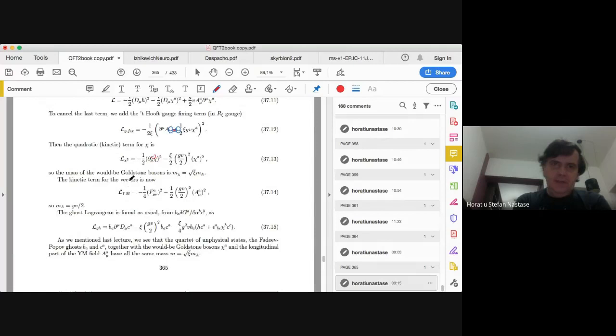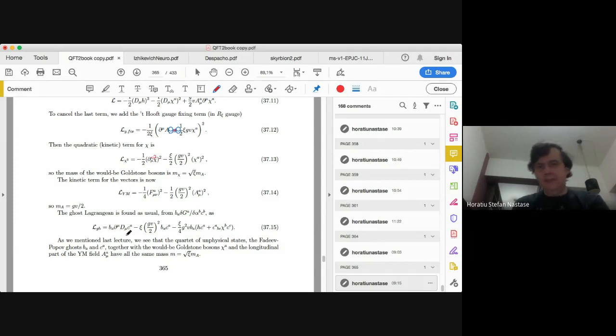Considering that this is G^a, the gauge fixing function, the variation of A is the covariant derivative of alpha, so dividing by alpha we get the covariant derivative.